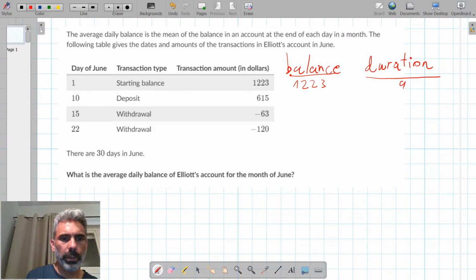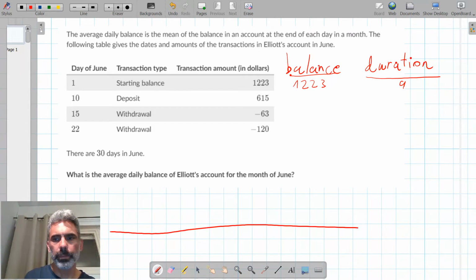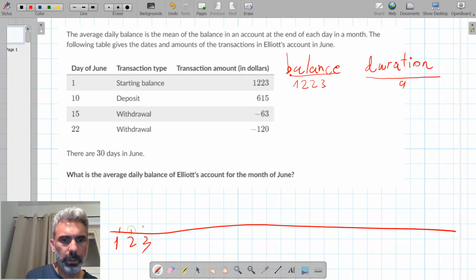Okay, so let's say this is the month of June, and we have June 1st, June 2nd, June 3rd, June 4th, June 5th, June 6th, June 7th, June 8th, June 9th.